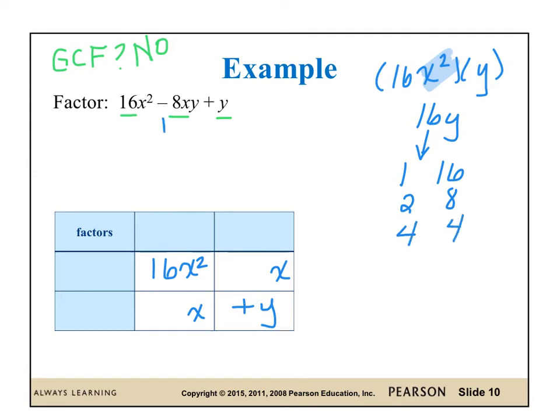We look at our middle term and see that it's negative, but our last term is positive, which tells us that we have to have same signs. And this tells us that both those signs must be negative.